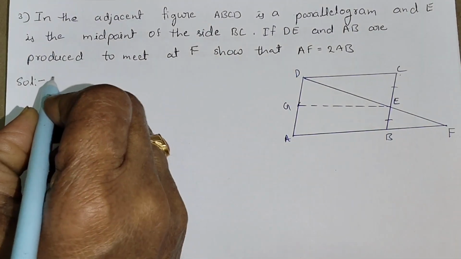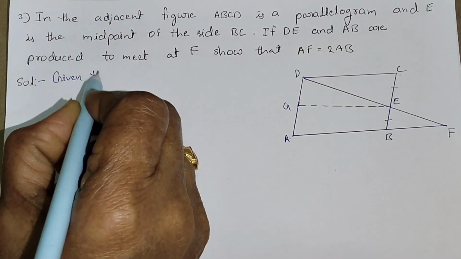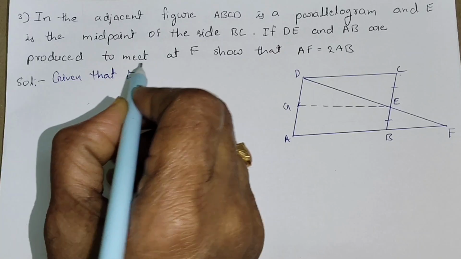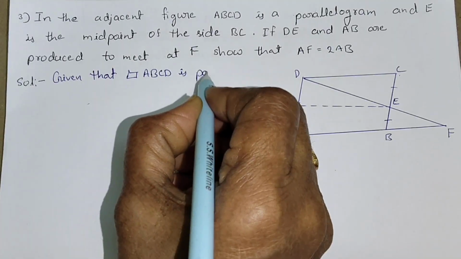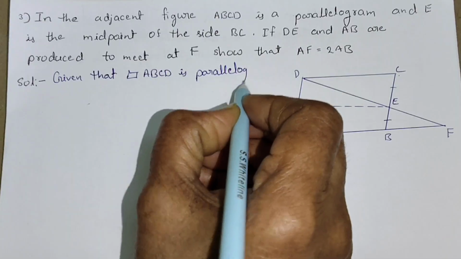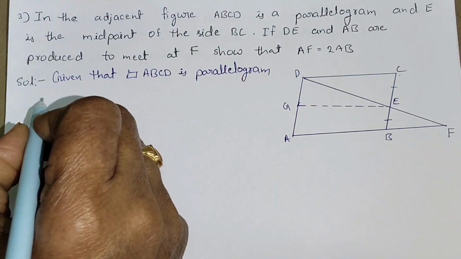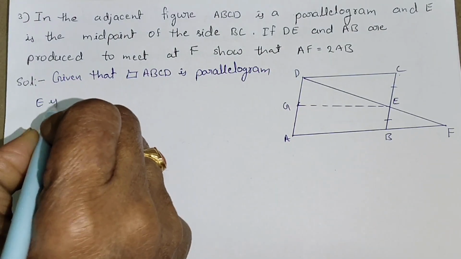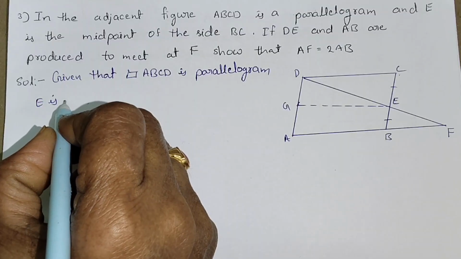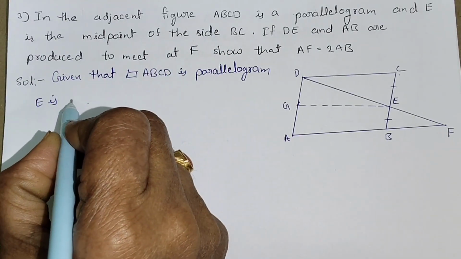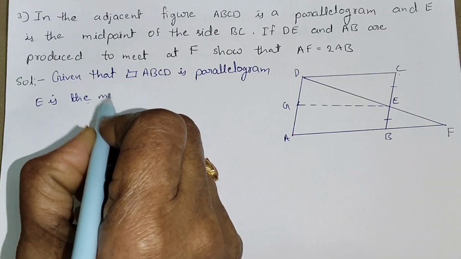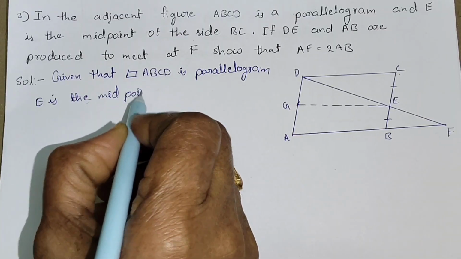Here first we write the given data. Given that ABCD is a parallelogram. Here E is the midpoint of the side BC. We write that one. E is the midpoint of BC.